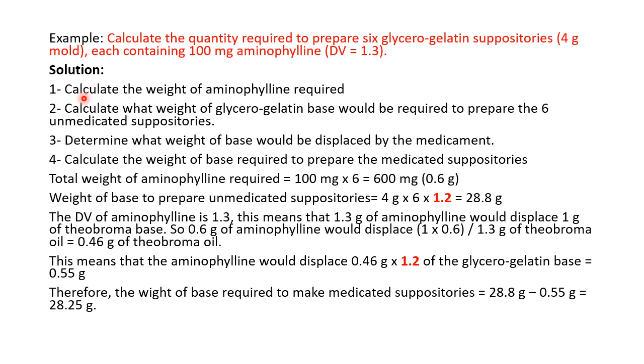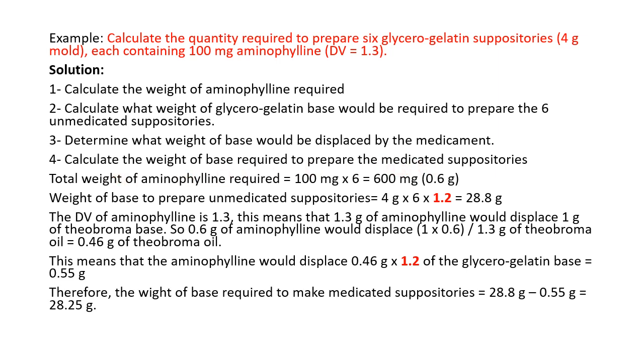First, we need to calculate the weight of aminophylline required to prepare the 6 gelatin suppositories, and then we need to calculate the weight of the gelatin base that would be used to prepare the unmedicated suppositories. Then we need to determine the weight of the base that would be displaced by the aminophylline, and finally calculate the weight of the base required to prepare the medicated suppositories.